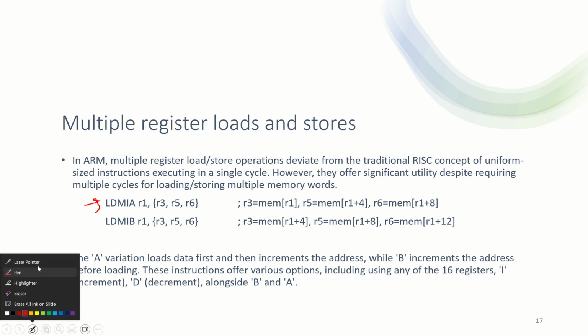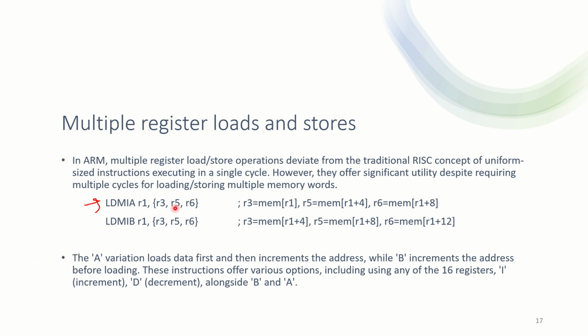If I write LDM IA R1, comma, R3, R5, R6, what is going to happen? LDM means load. Loading means values are transferred from memory into registers. Here R1 is storing the address, right?